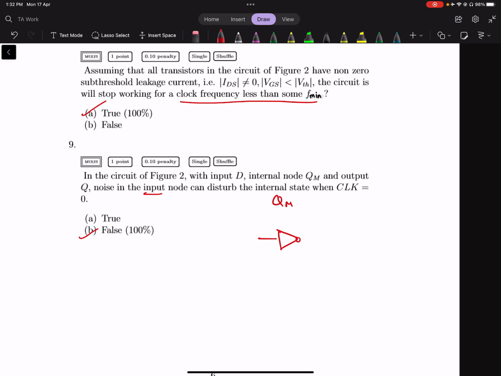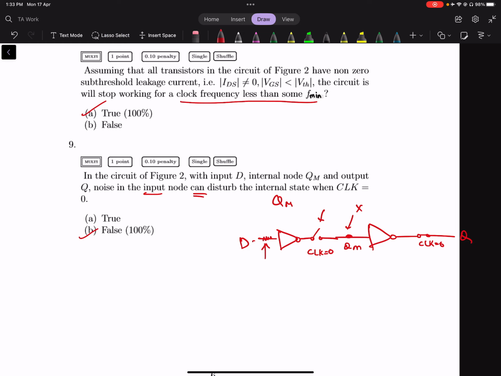This is what happens when clock is equal to 0: you have QM here, which is the internal node in the master slave flip flop, and this is Q, and this is D. It doesn't matter if there is noise over here because this is open. When clock is equal to 0, that switch is closed and this switch is open. So noise at this node does not have any effect on this node.